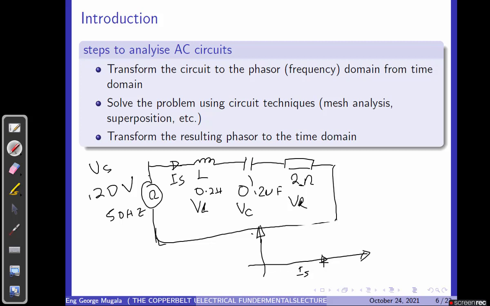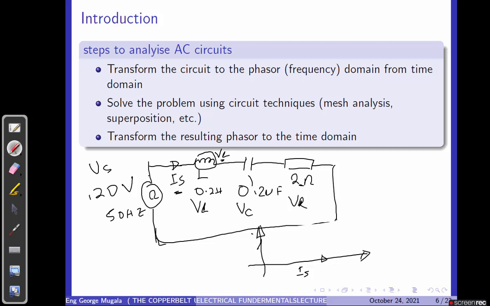as a reference vector, then we will want to see this current flowing in the circuit. When it reaches the inductor here, it will cause a voltage VL. Now, if we check the relationship between this current and the voltage that it causes, we know that in an inductive circuit, the voltage leads the current by 90 degrees.